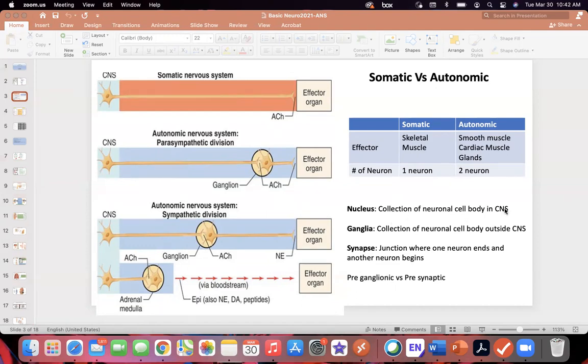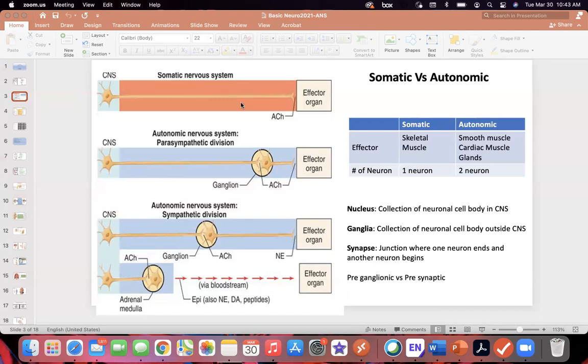Structurally it is the same thing: the collection of neuronal cell bodies outside the CNS is called ganglia. This is outside the central nervous system, and this is inside. So the collection of cell bodies outside the central nervous system is called ganglia. When the same thing happens inside the central nervous system, we call it nucleus.